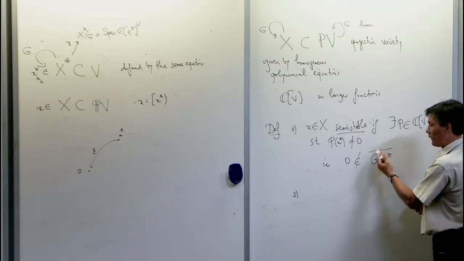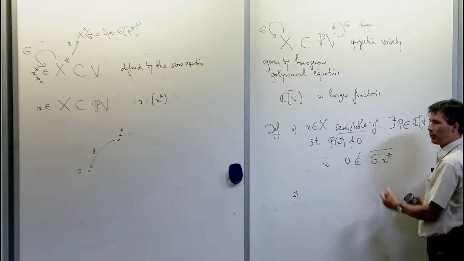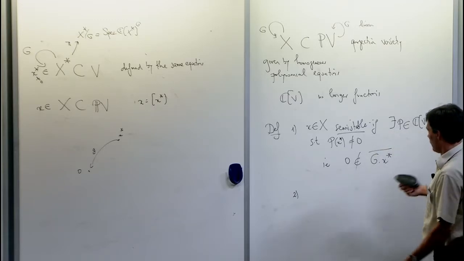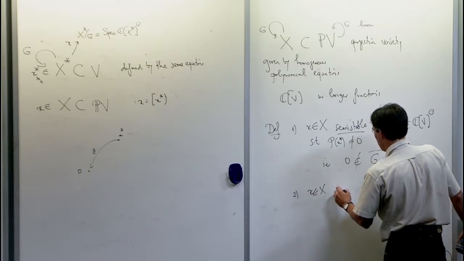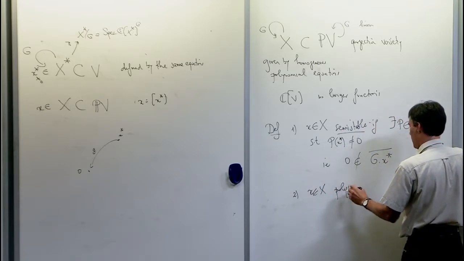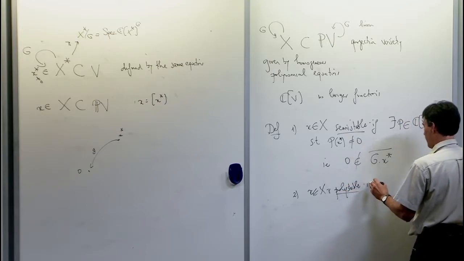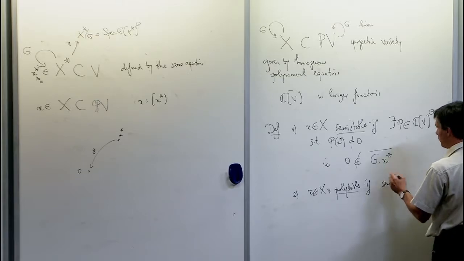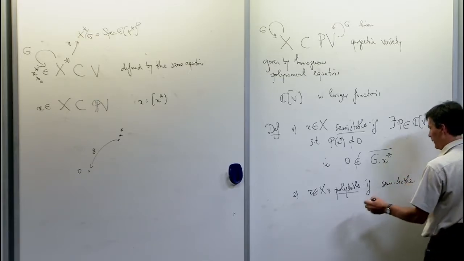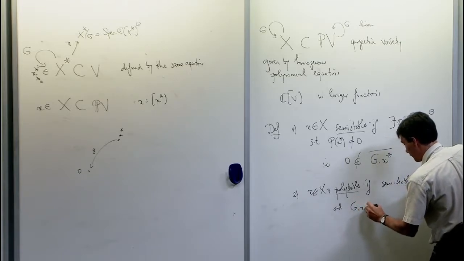So here you see there is a natural condition on the boundaries and the property of being closed. So in fact, that's another definition: X is polystable if it is semi-stable, we need that, except for 0, and the orbit is closed.